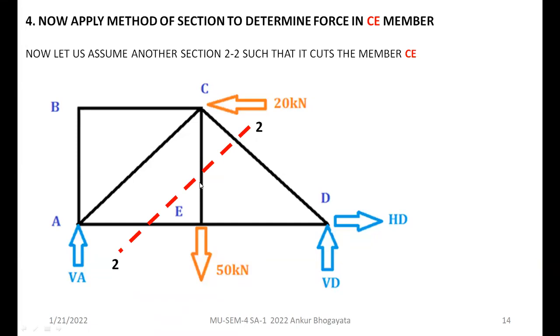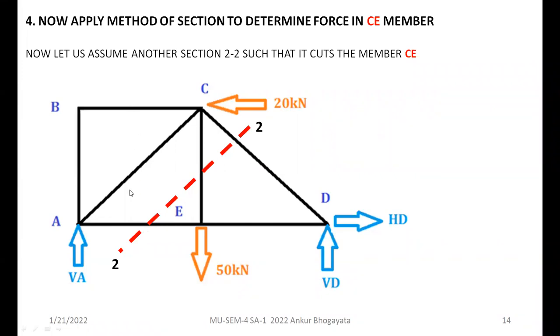So do not forget that you have to select the section in a way that it includes the member which is to be determined. So I am expecting that all of you are clear how to select a section like this. Right? This is a fresh section.